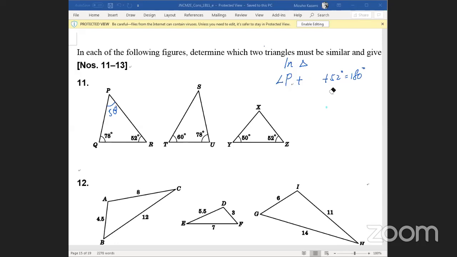Then in this case, that is not angle P. For the second one, we are talking about triangle STU, and angle S is missing: 60 degrees, 78 degrees, angle sum of triangle. Therefore, we can find angle S. What is that? 42, right? 42 degrees.